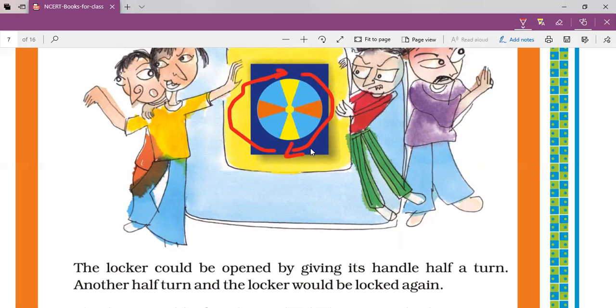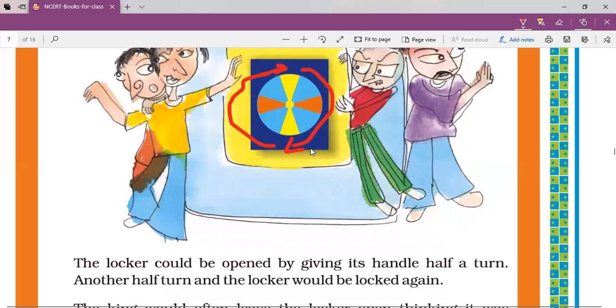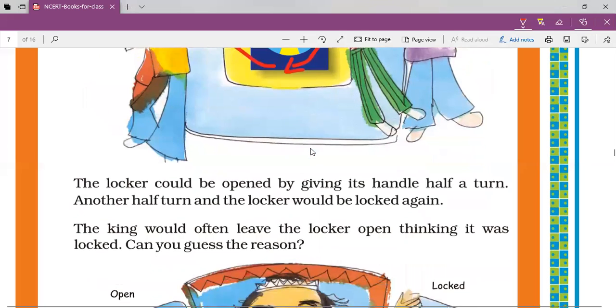Whenever he turned it half, he thought, no, the locker is open, and again when he gave the half turn, he thought, no, I'm just locking the locker, or am I keeping it open? So by mistake he kept that locker open, and the thieves came and stole the jewelry.